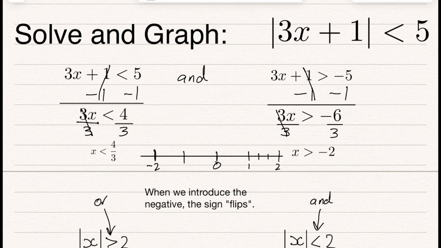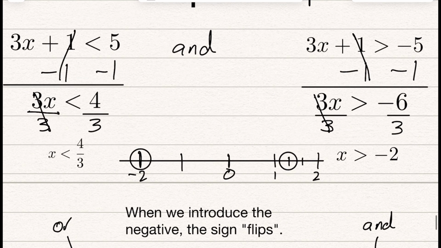So that's 1, and those are 1 and 1 third, 1 and 2 thirds. So we're going from here to here, and everything in between. And of course, we need to shade everything between them, like this.